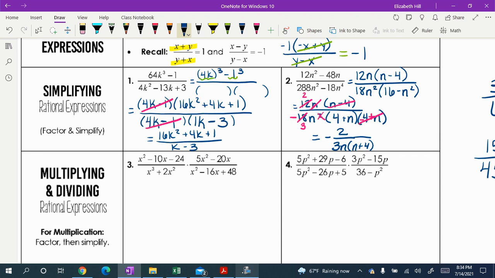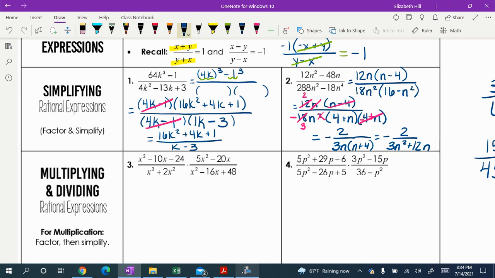And we can go ahead and leave it in factored form if we wanted to. You could also rewrite this as 3n squared plus 12n if you wanted to, but no need to do that. All right, so that right there is simplifying.